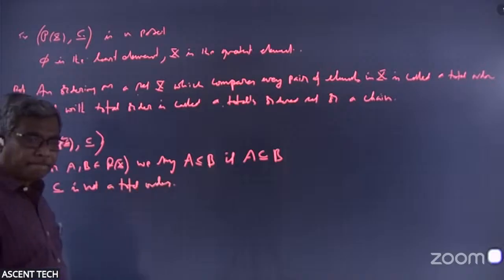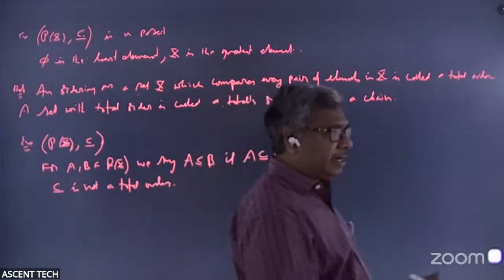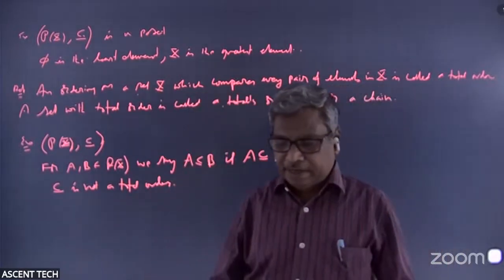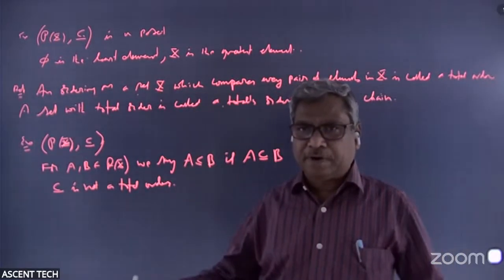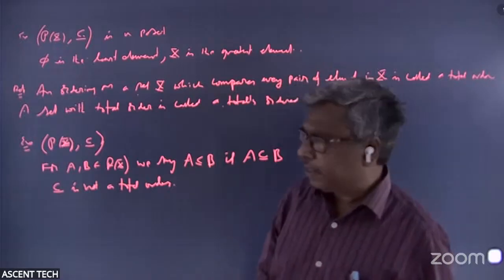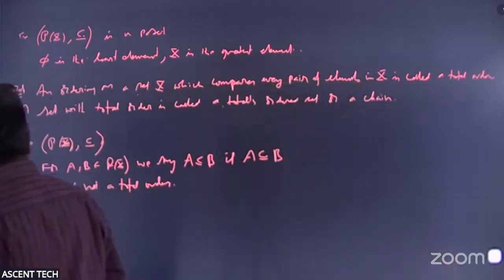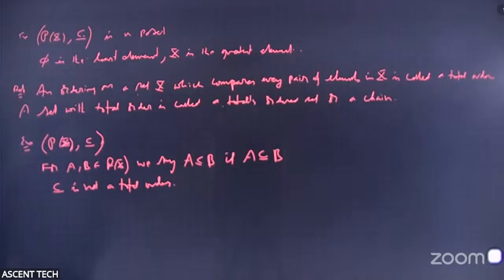I cannot compare any two elements, but I can find a kind of lower element for a bunch of elements. Ordinary inequality in natural numbers is a total order.